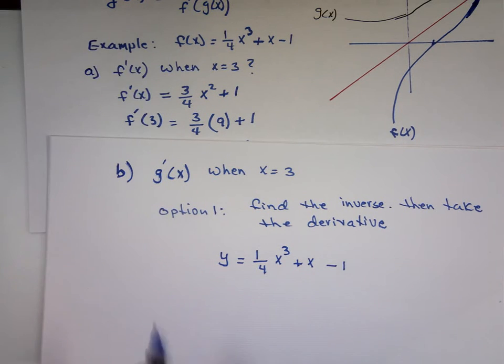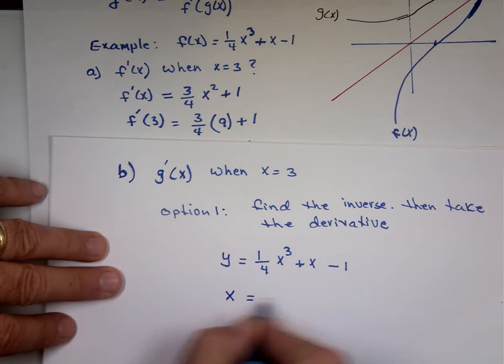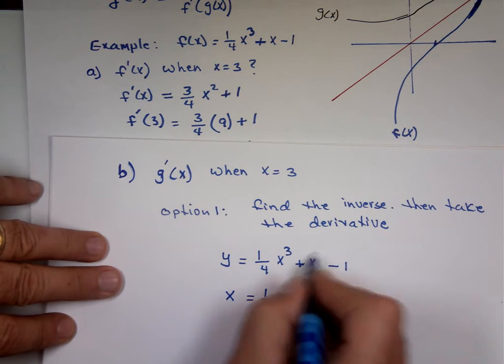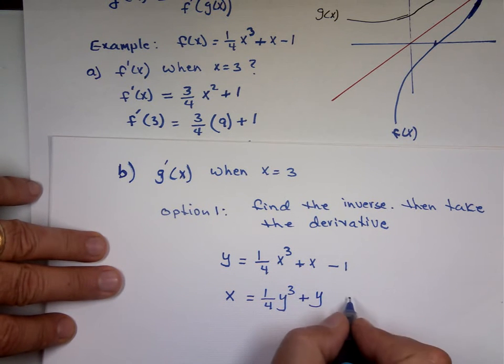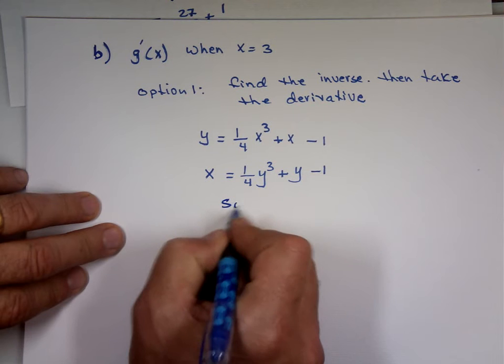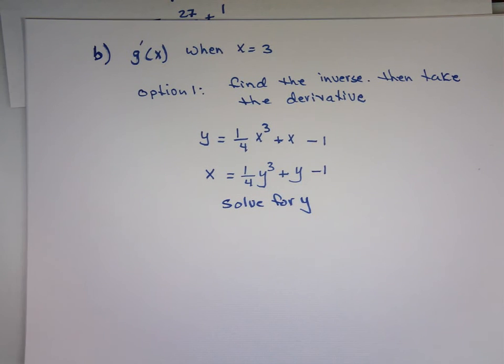That's step number 1. Interchange x and y, and solve for y. That's how you find the inverse. Then you take the derivative of that. That's the long way of doing it.